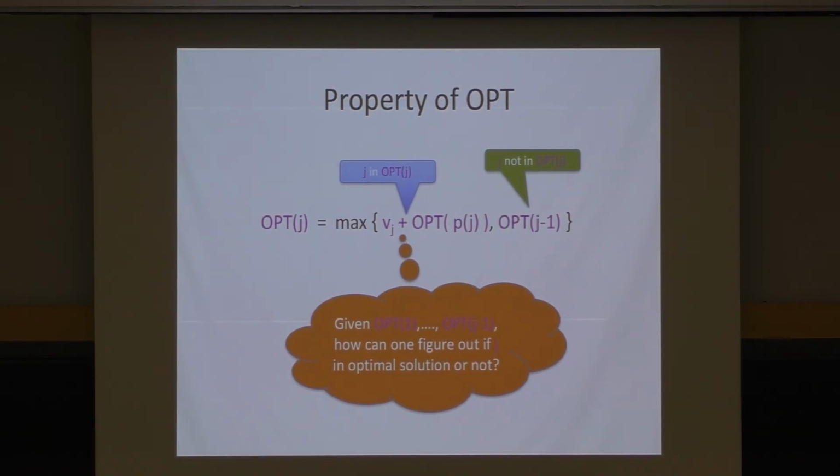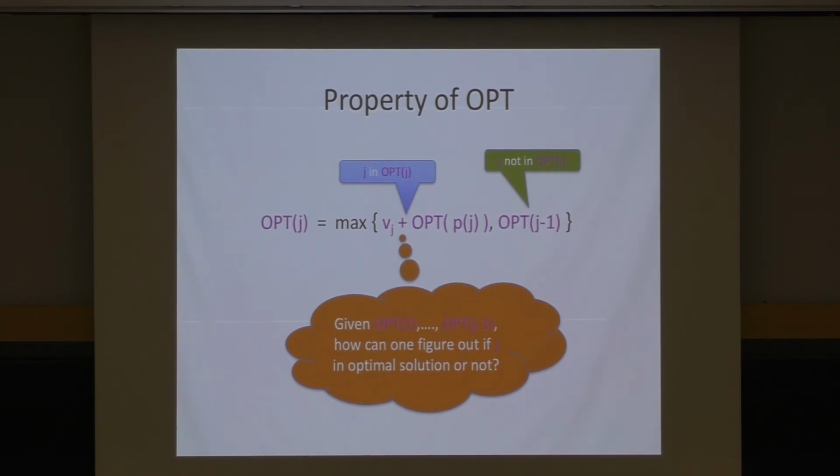No, so all I'm telling you is the opt values. So I've told you opt of 1, opt of 2, all the way to opt of j minus 1. And I tell you that this recurrence is true, and what I want you to tell me is a quick way to check whether j is in the optimal solution or not. Matt. Calculate P of j and then look up the two options.